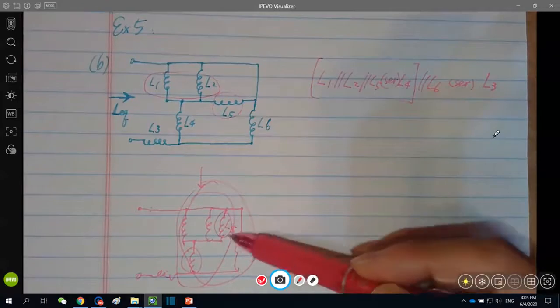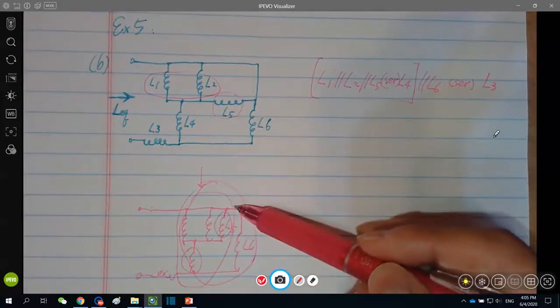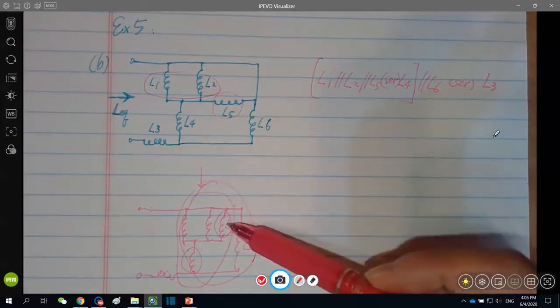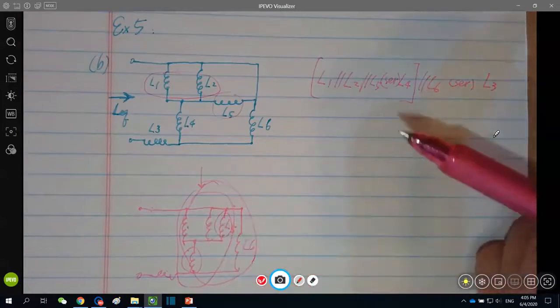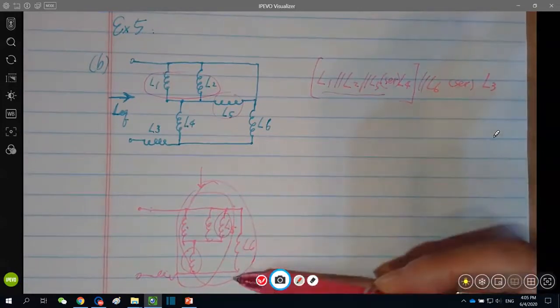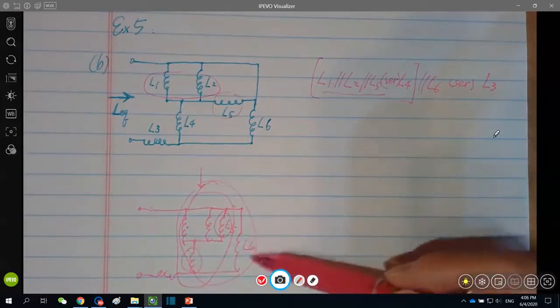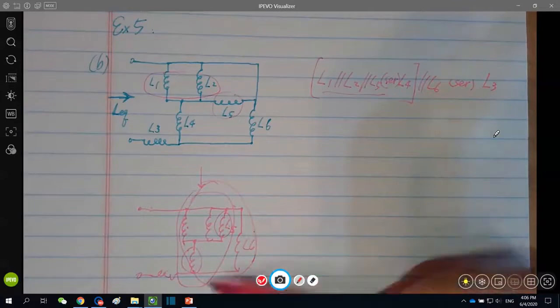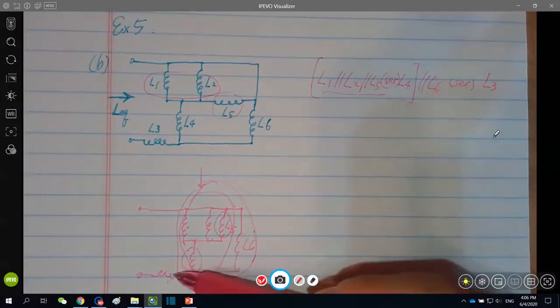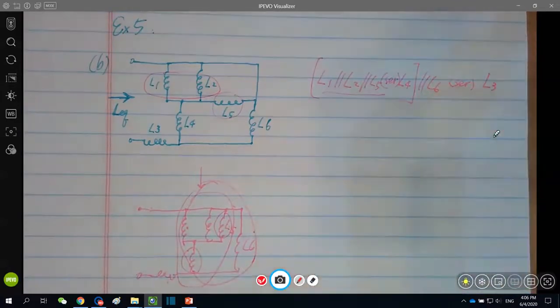This is how we come up with this circuit here. And from this pink circuit, L5, L2, L1 are parallel, like this. And then after combining these three, the further series was down here, and then further parallel was here, and then further series was this one. This is how we end up with this connection identification.